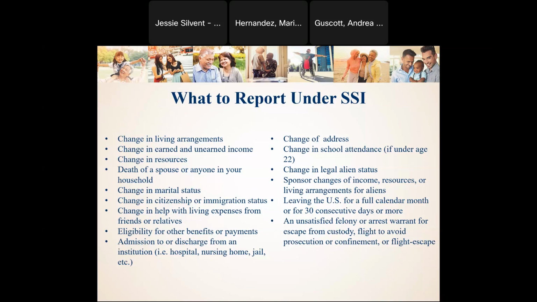A change in marital status, or failing to report, can often cause an overpayment. A change of address, and also leaving the United States for a full calendar month or 30 consecutive days or more, will preclude someone from being eligible for a benefit for SSI until they return to the U.S.